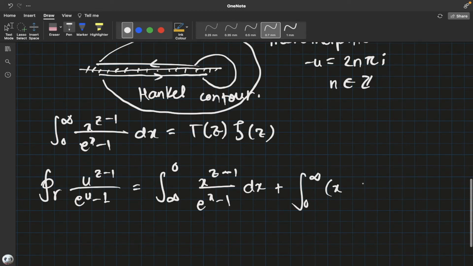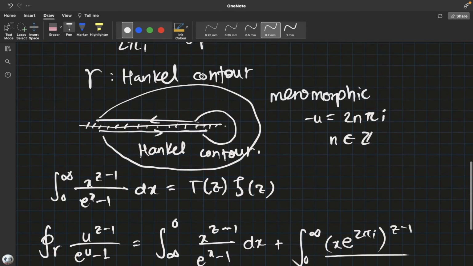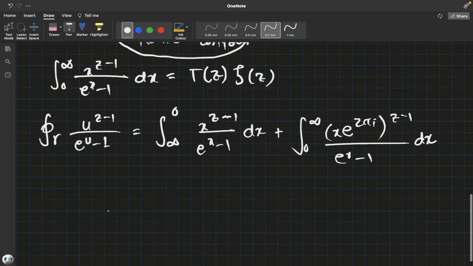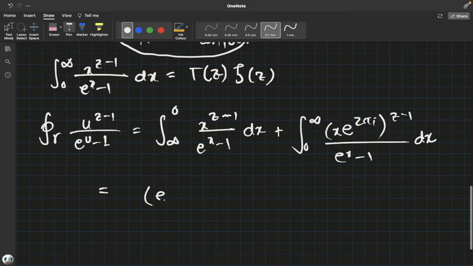But the bottom segment will have this extra phase factor like before, z minus 1. And again, the region of convergence helps us to set the outer and inner closures to 0. e to the x minus 1 dx. This gives us e to the 2i pi z minus 1, minus 1, times this.